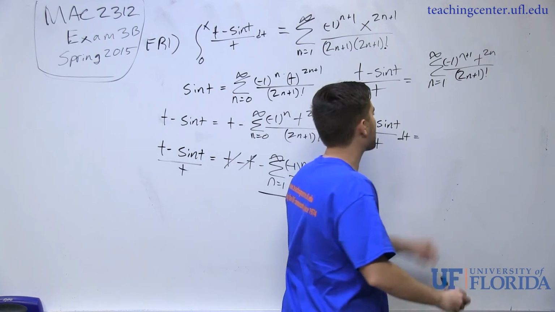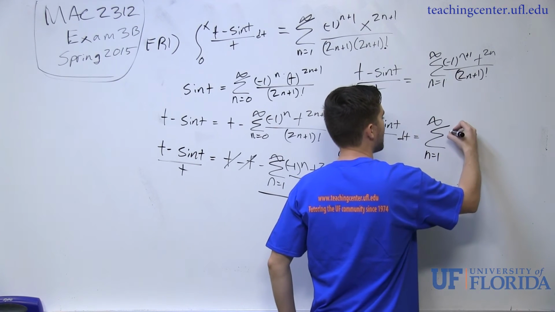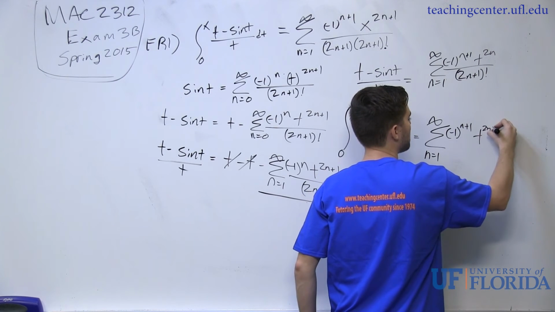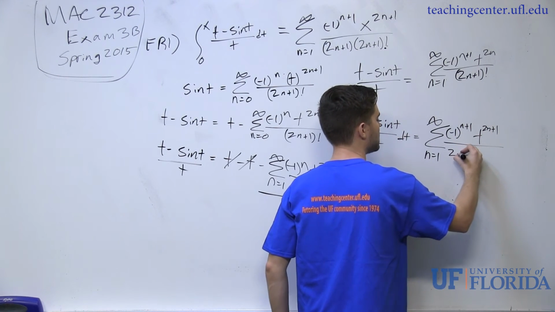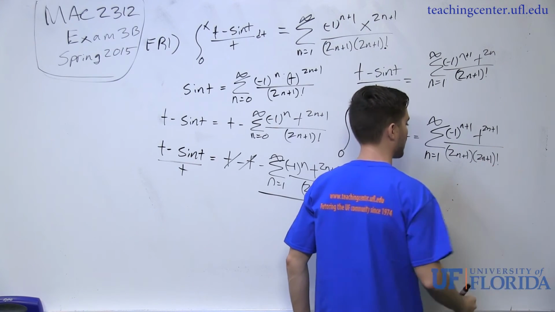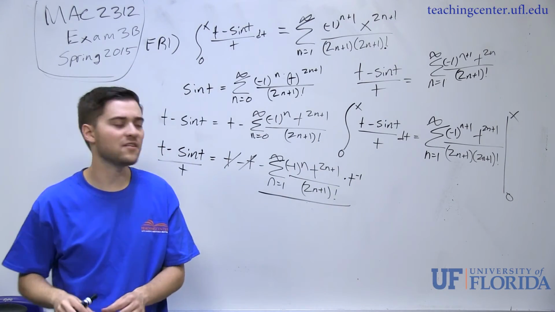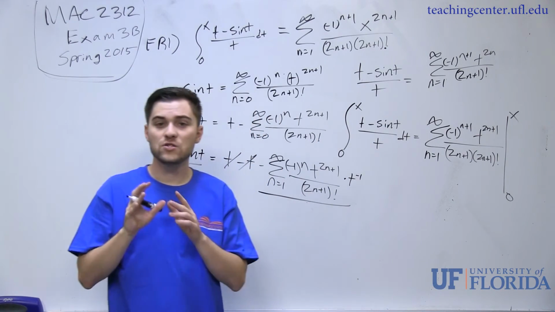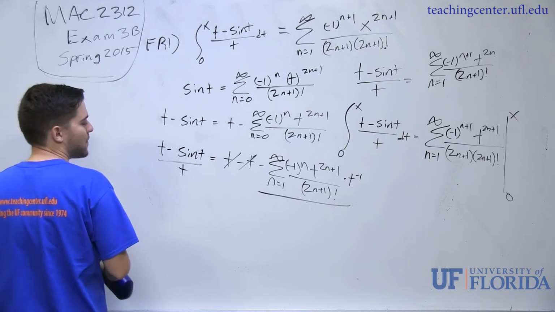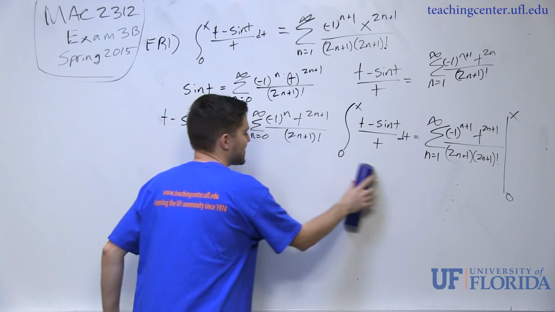When I integrate this power series, I get the sum from n equals 1 to infinity of negative 1 to the n plus 1, t to the 2n plus 1, divided by 2n plus 1 times 2n plus 1 factorial, evaluated from 0 to x. Because we're evaluating it, we don't have to include plus c at the end. My last step is to evaluate this from 0 to x and see what I end up with.